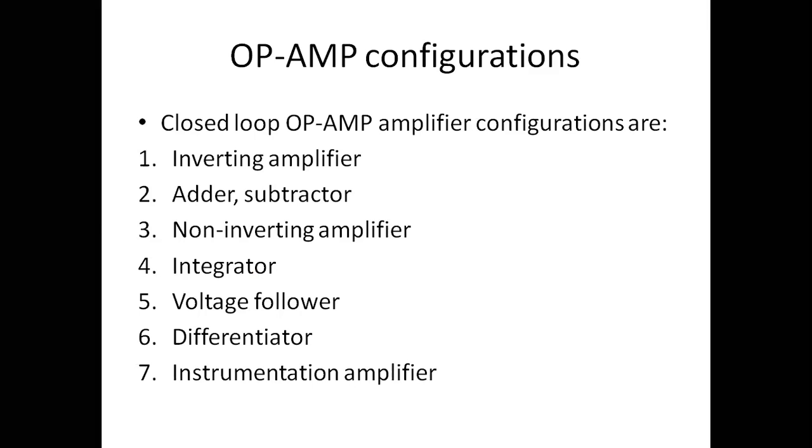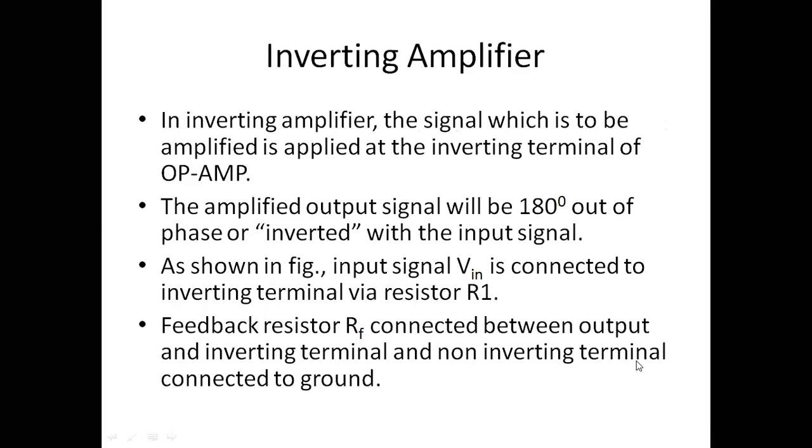All these amplifier configurations are in our syllabus. There will be questions on voltage follower and instrumentation amplifier because all of these are given in our syllabus. If anyone is facing any issue, you can ask me.